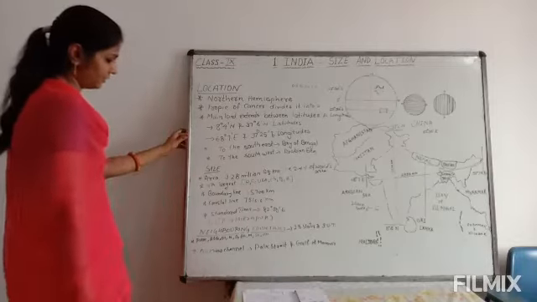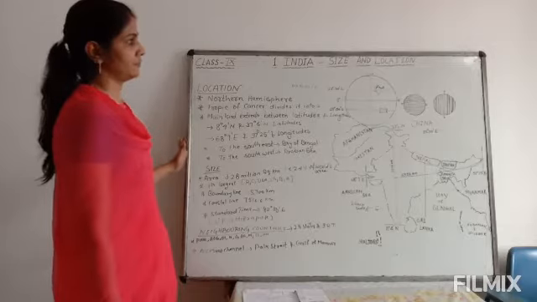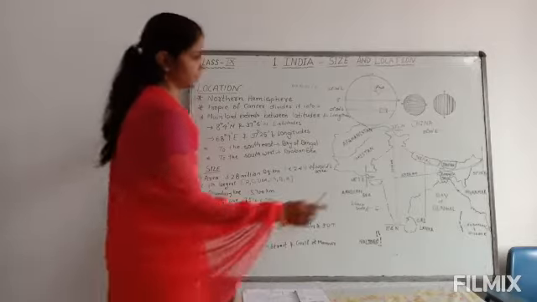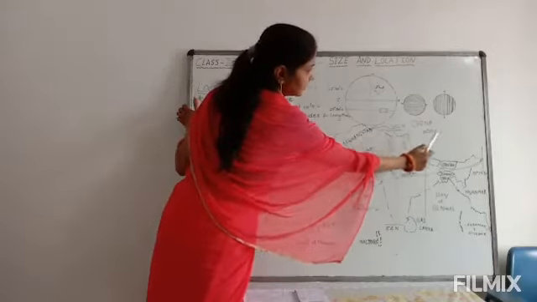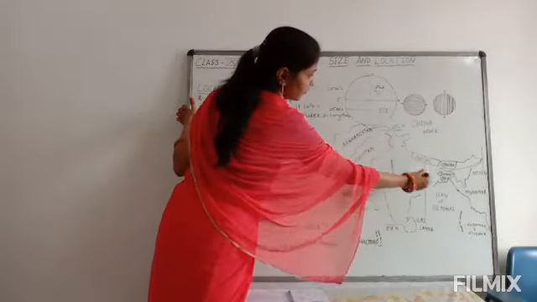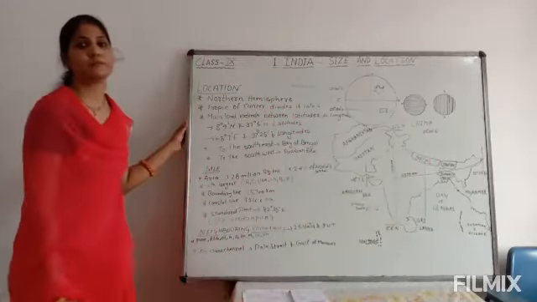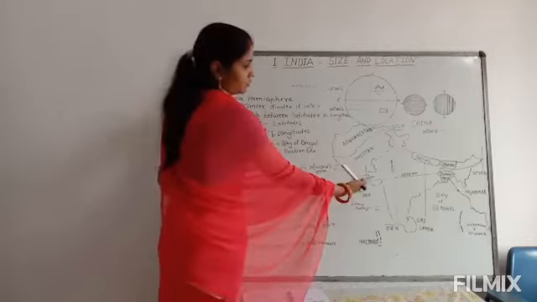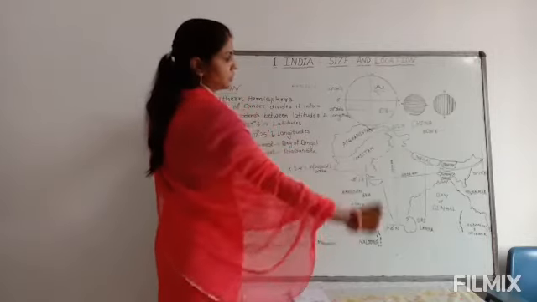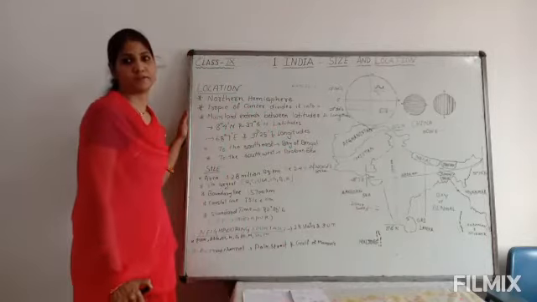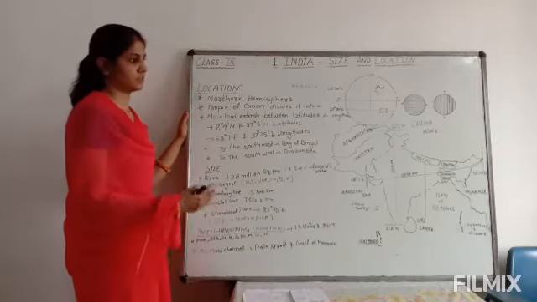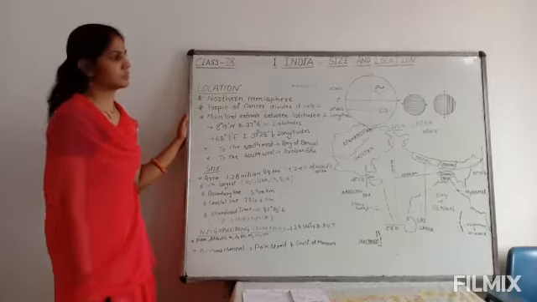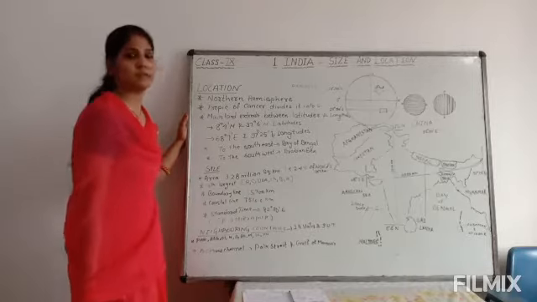The standard meridian of India, that is the time which the whole country shares, is 82.5 degrees east, which passes through a place called Mirzapur in Uttar Pradesh. The time difference from Gujarat to Arunachal Pradesh is 2 hours. In the same way, the whole country's time is decided by the standard time meridian, which is 82 degrees 30 minutes east.